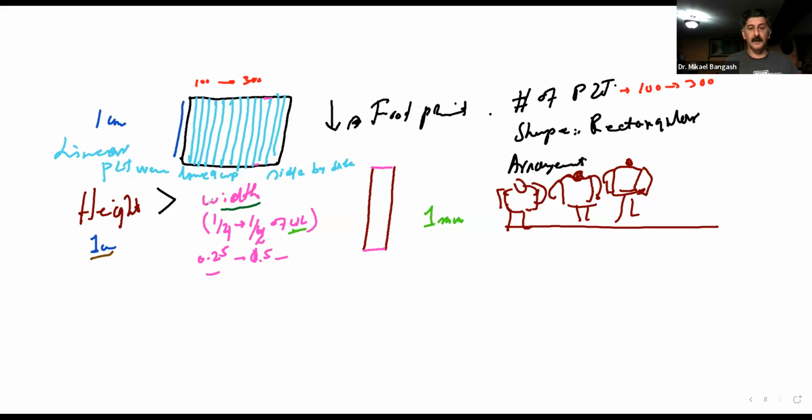The thickness is if you flip the PCG and look at it from the side, then this dimension here will be the thickness. That's this one here or this one here. Does anybody have any questions?